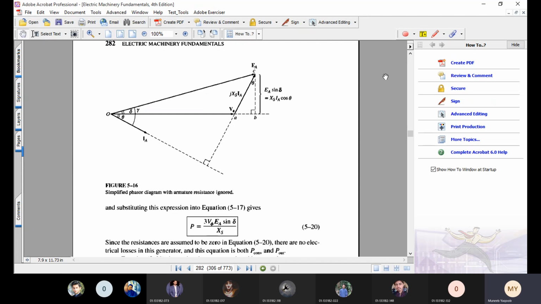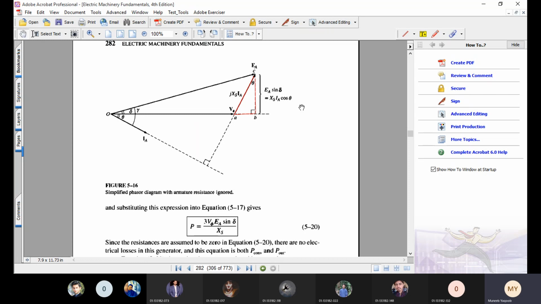And for this figure, they considered two right angle triangles. The first right angle triangle is where the hypotenuse is XSIA, the perpendicular in front of theta is known as AB here, and the base is adjacent to theta. This is the base of the figure.